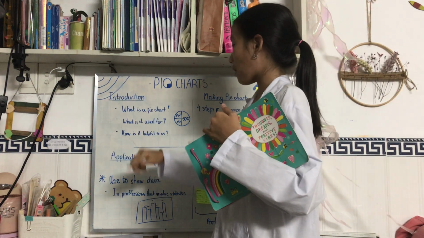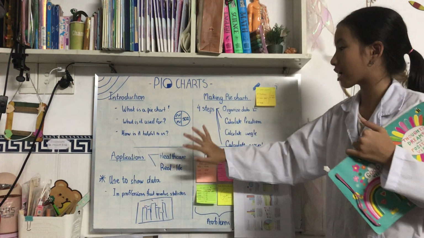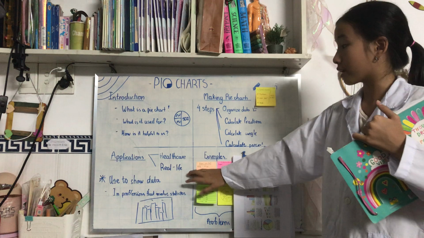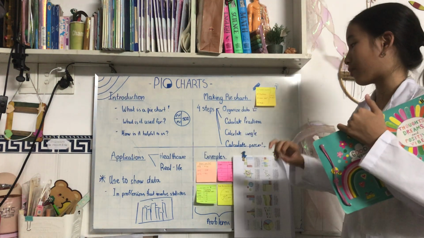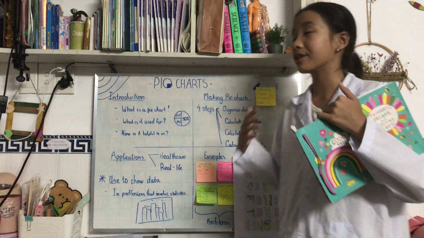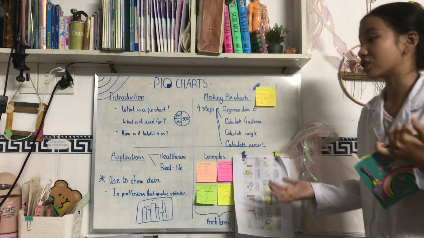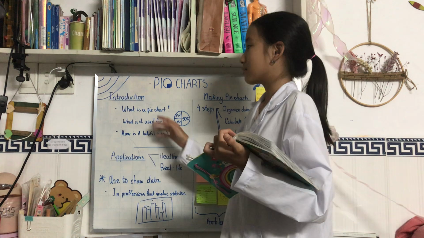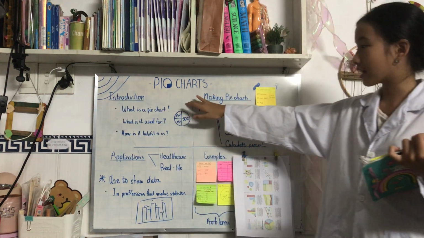Moving on to the third part, which is the applications of pie charts in healthcare and real life, and I'll also be giving some examples. Then we will move on to the example problems, and I will be giving some pictures and illustrations as well. Now, without further ado, let's get started on our first part.